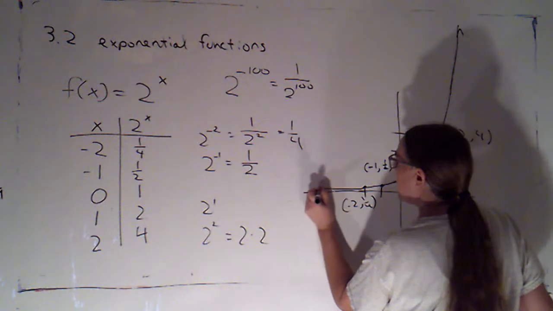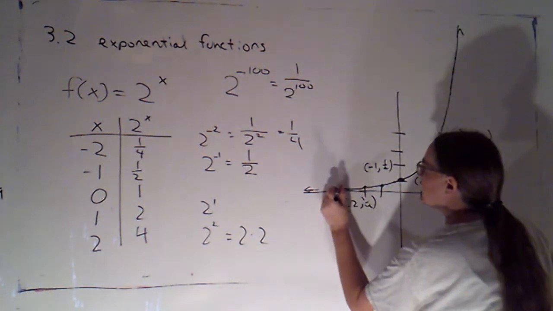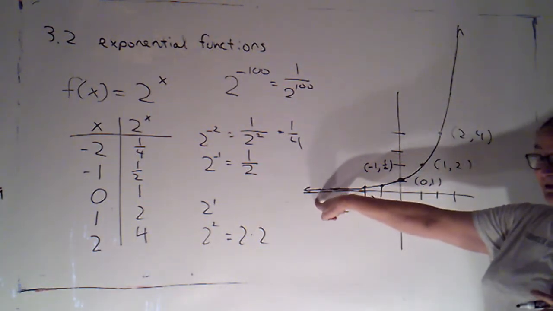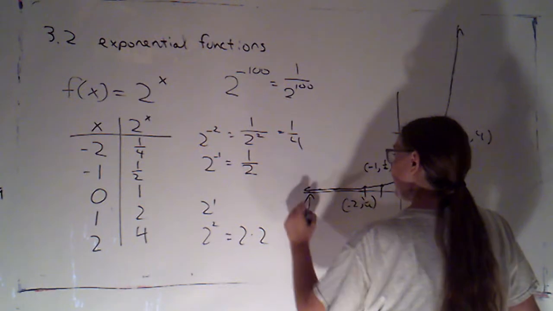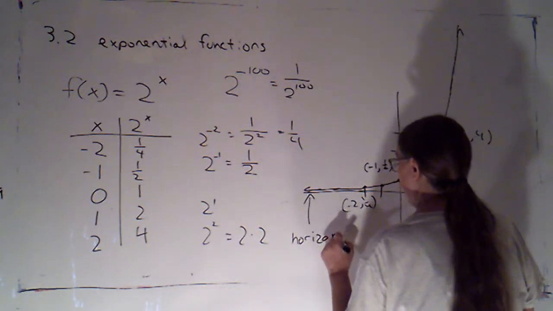So, although going to the left, we're getting smaller and smaller and smaller, we're just getting closer and closer to 0. That x-axis is a horizontal asymptote.